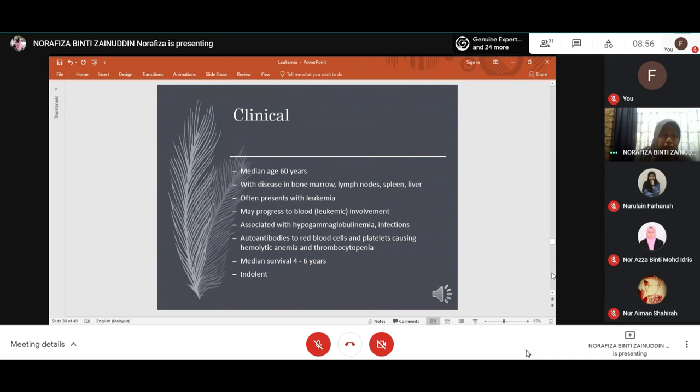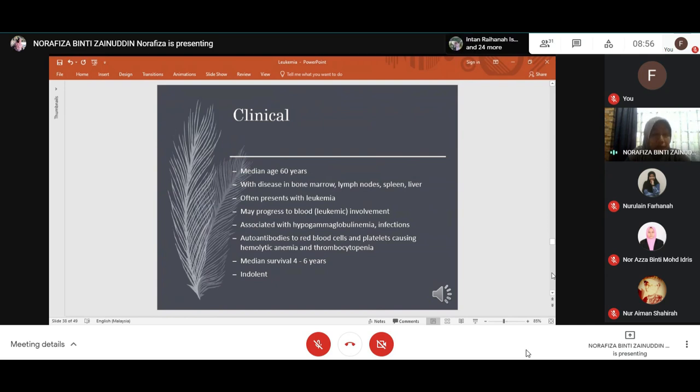So the clinical presentation, usually older patients are affected, median age 60 years, with 2/3 of them males, with disease in bone marrow, lymph nodes, spleen, liver, often presents with leukemia.